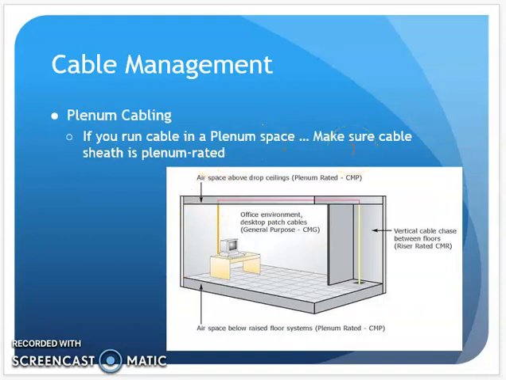I might need to worry about plenum spaces. Plenum spaces are where I have basically air moving around my building. So if I install my cabling in this ceiling area that we might be using for moving air through the building, the cabling installed in there is now installed in a plenum space. So that cabling needs to be plenum rated. What that means is the cabling has a jacket made out of a type of plastic.